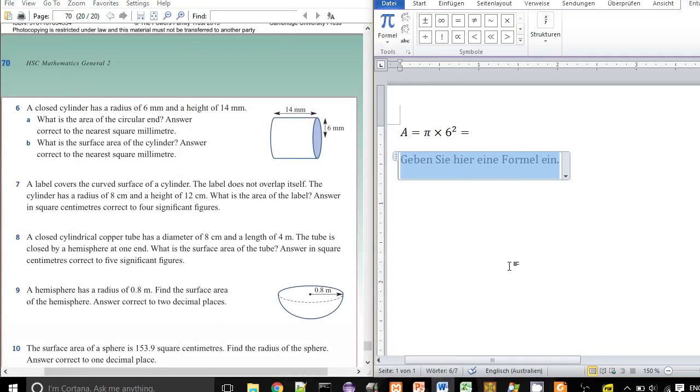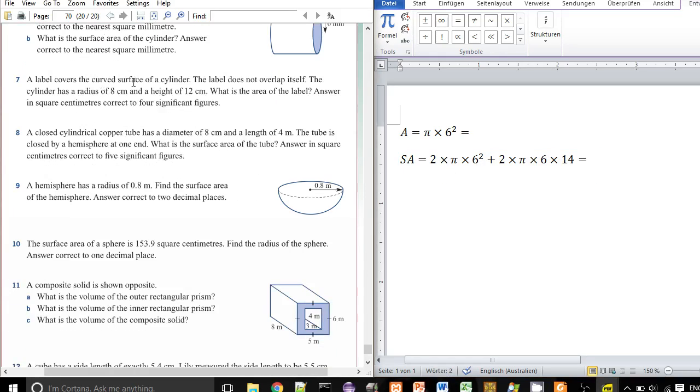So the area is 2 times pi times 6 squared, 2 of that, the top and the bottom, plus 2 times pi times the radius, which is 6. That tells you this distance around, and then you times that by how long it is, the height or the length, 14. That'll tell you the total surface area. Okay.